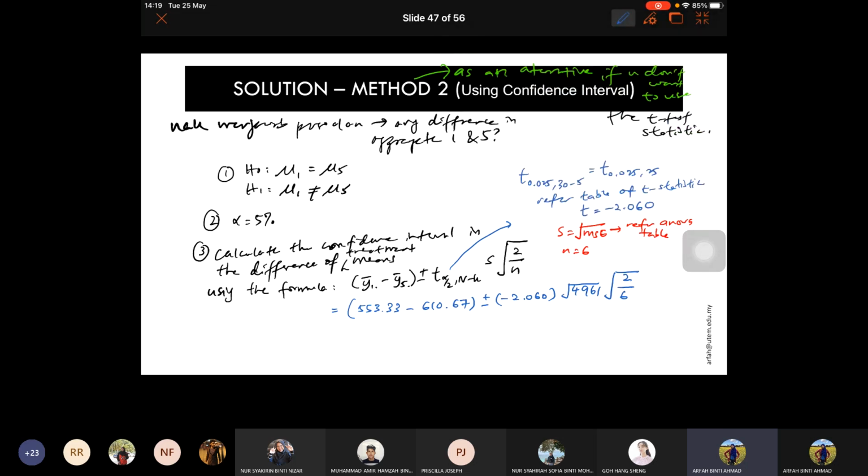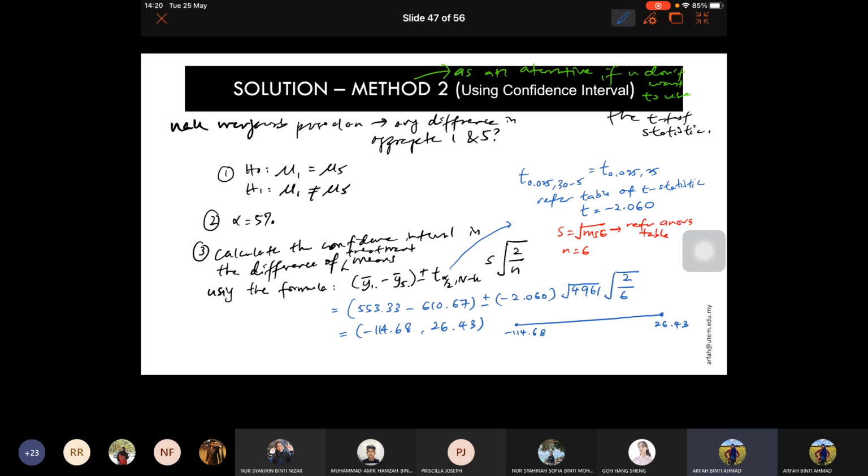Kalau awak kira, akan dapat dia punya confidence interval sama dengan negatif 114.68 dan juga 26.43. So kalau buat garis nombor, negatif 114.68 dan dekat sini 26.43.